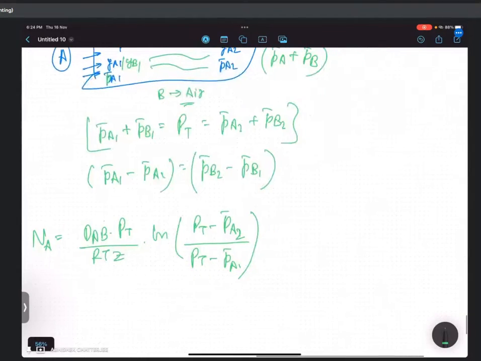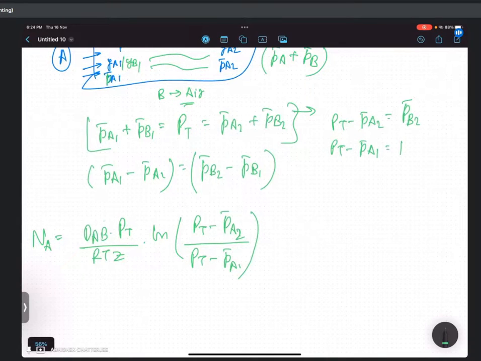Clear? Okay. From this equation you can write that PT minus PA2 bar is PB2 bar, and PT minus PA1 bar is nothing but PB1 bar.